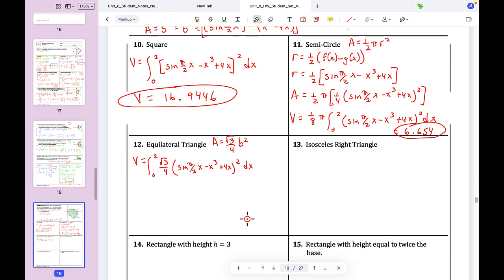Okay, and that's going to be the square root of 3 over 4 times the integral from 0 to 2 of sine pi over 2x minus x cubed plus 4x squared dx, which comes out to, so it'll be square root of 3 over 4 times this number, right? 16.9446, which comes out to 7.337.